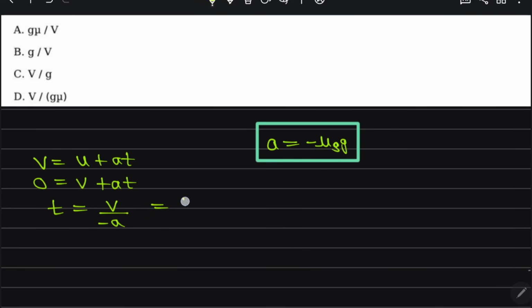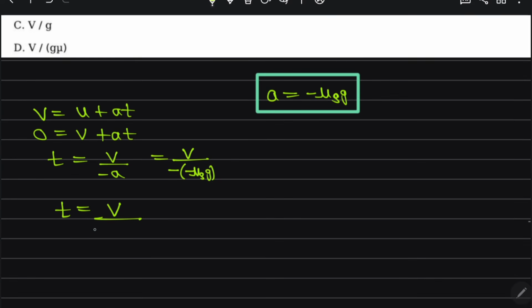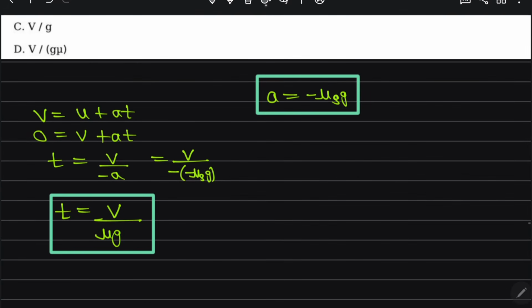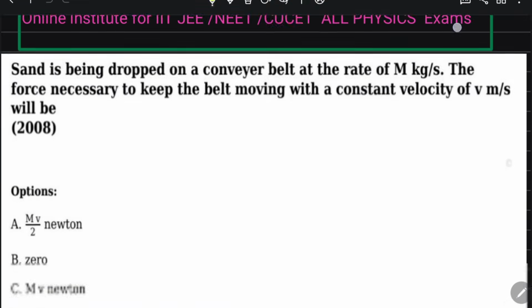A you already know is minus mu s into g. So time comes out to be v upon mu s g. So option D is correct.